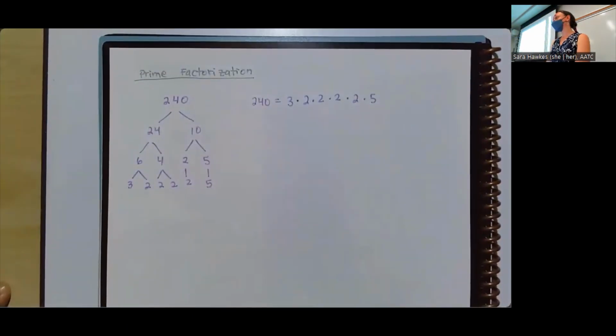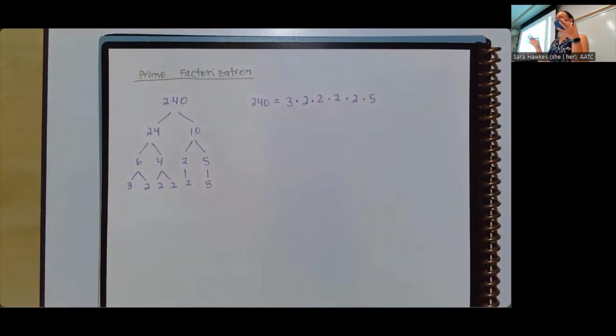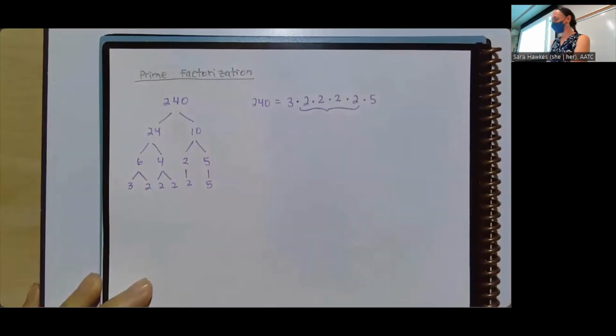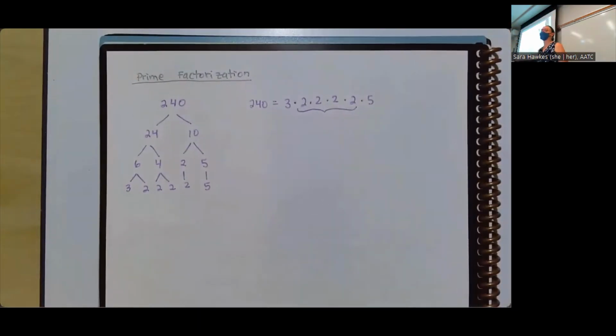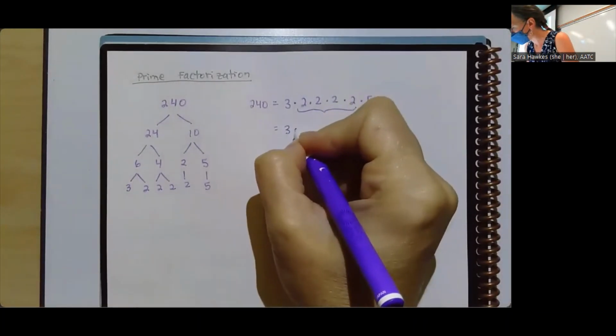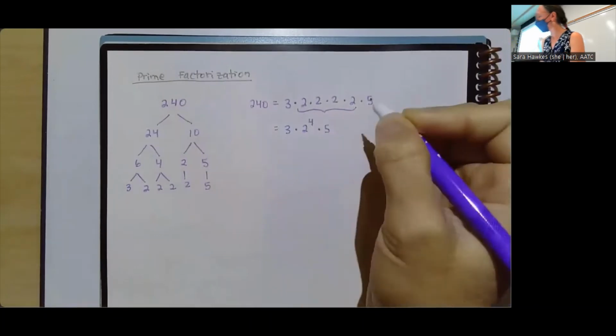Or if I put this in the shortcut notation, which is how the answers in the back of the book are going to look, the appendix that if it were a physical book would be at the back of the book, that has the answers. All of these 2's, since I've got 4 of them multiplied together, my shortcut notation for that is going to look like 3 times 2 to the 4th times 5.